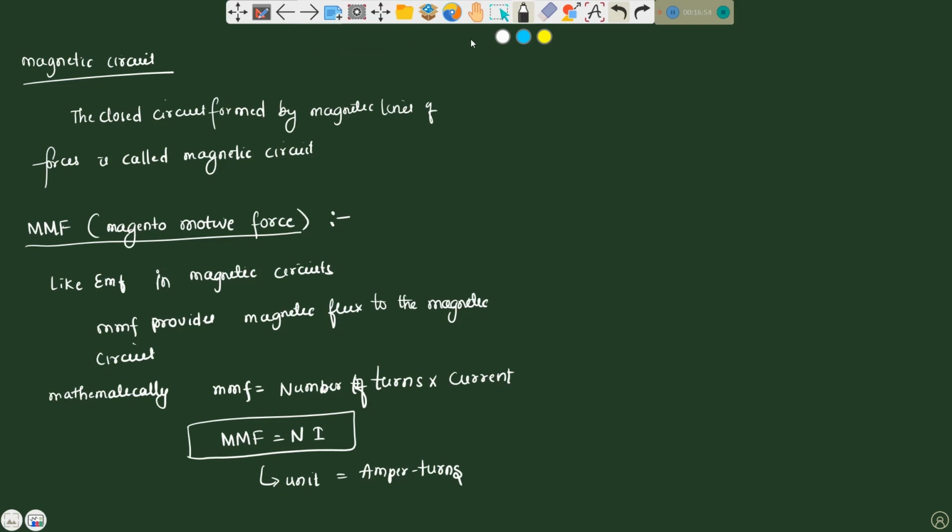So next we have reluctance. Where we have resistance in an electrical circuit, we have reluctance in magnetic circuits. Remember this.